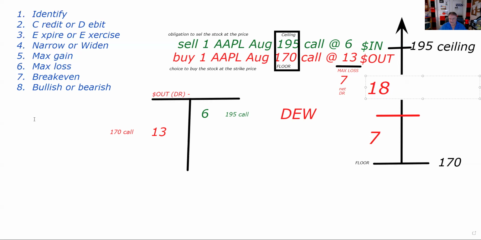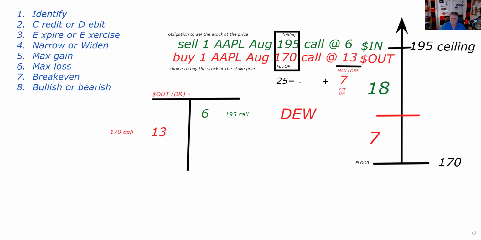Now, the gain and the loss always equals the difference in the strikes. Always, always, always. So you can either memorize that the maximum gain in a debit spread is the difference in the strikes less the debit. I think that's a mental mess. I think it's easier to know whatever the gain and the loss is, it has to equal the difference in the strikes.